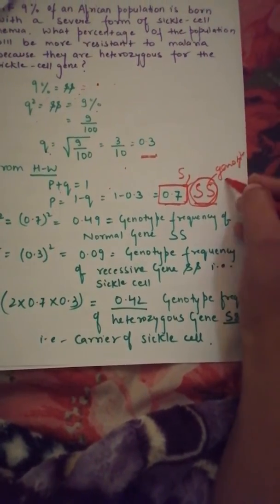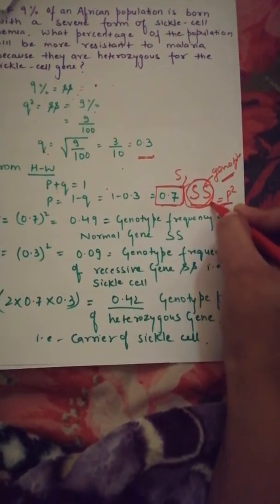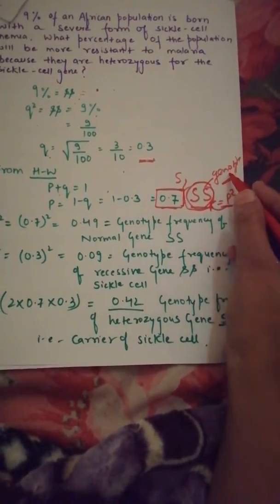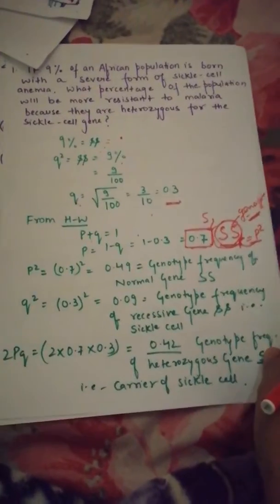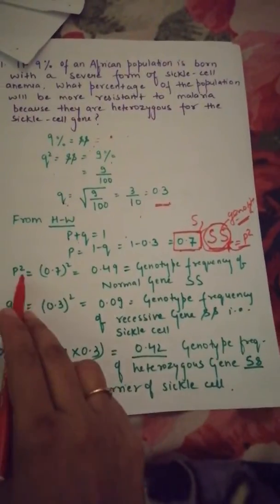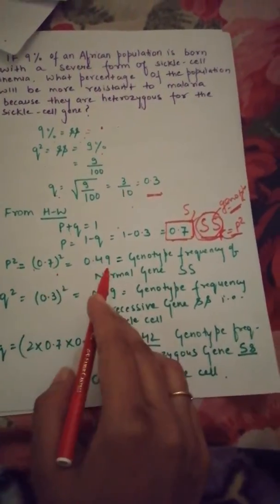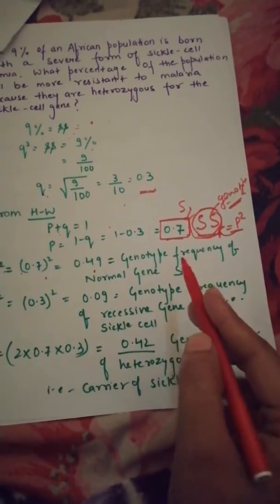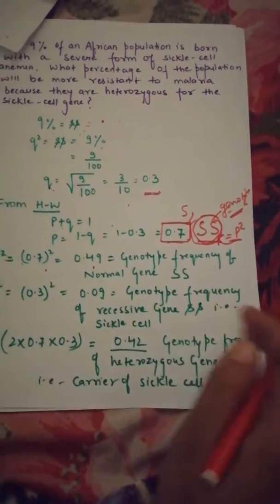When we have to find this, we have to square p. Then we find capital S capital S, that is the genotype. So p squared is equal to 0.7 squared, which is 0.49, the genotype frequency of the normal gene, capital S capital S.